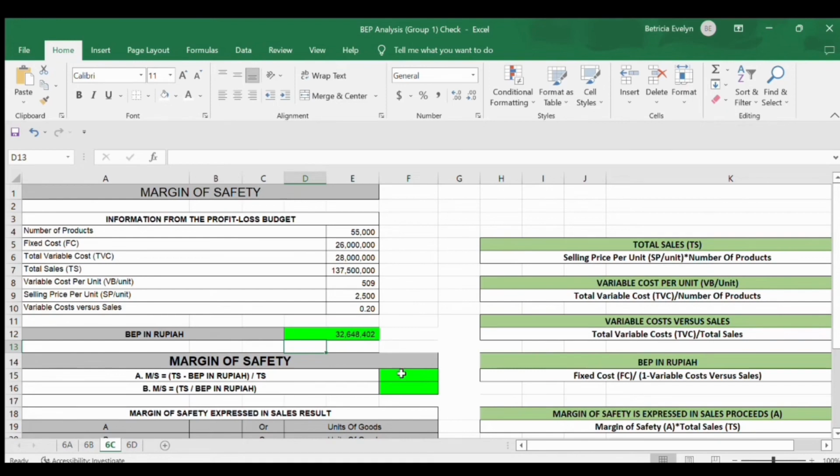Enter. So next one is margin of safety. The formula is equals open bracket total sales minus BEP in rupiah, close bracket, divided by total sales.